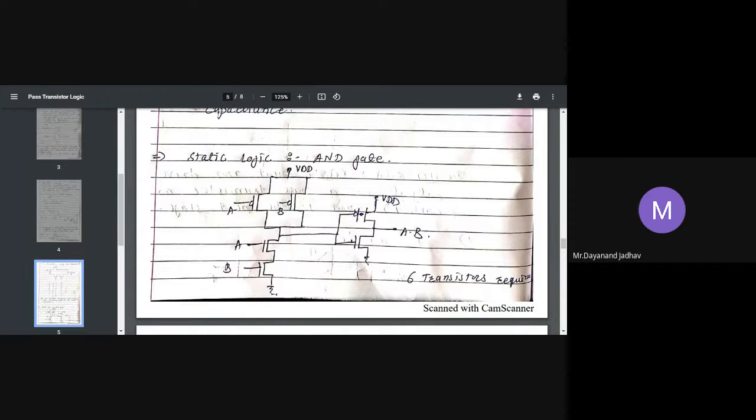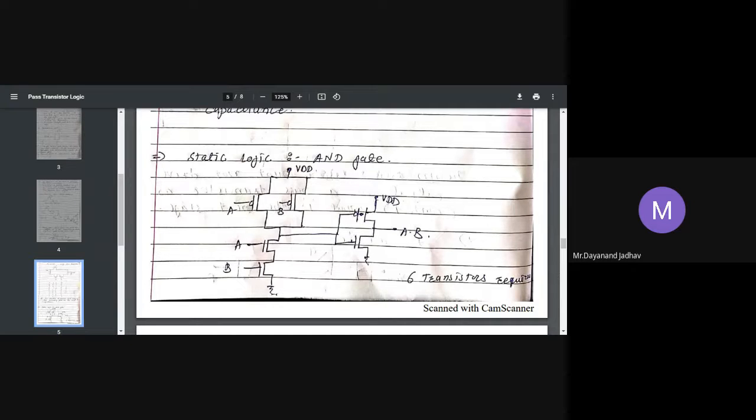Since six transistors is somewhat complicated for the simple AND logic, to reduce that complexity, NMOS pass transistor logic is to be considered.